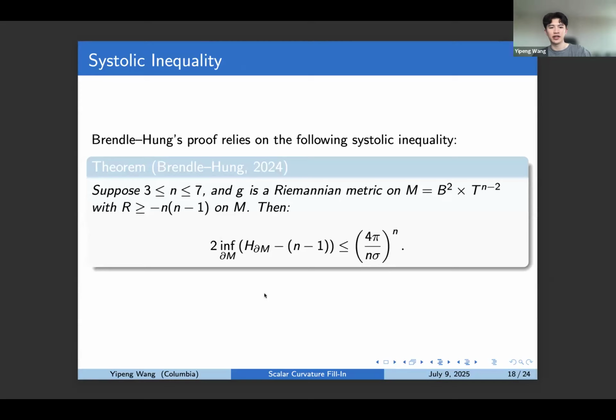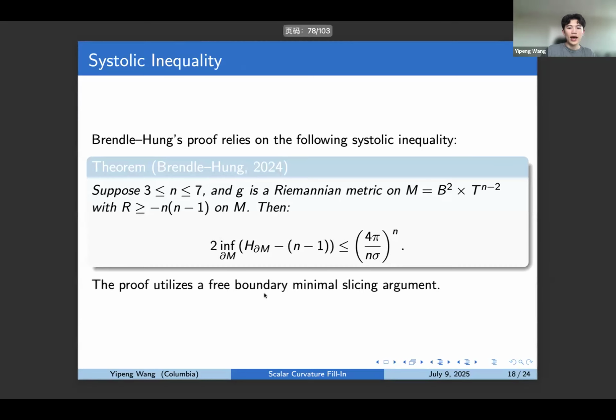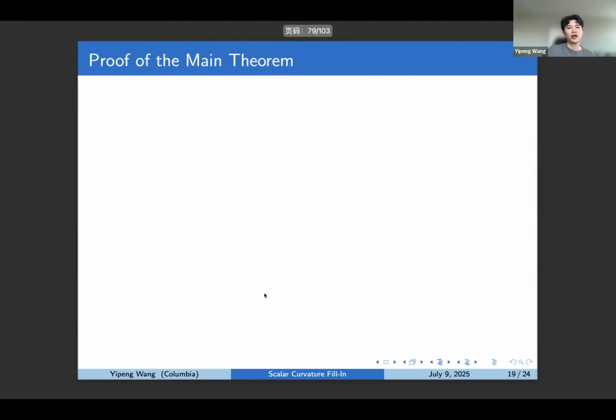That is the crucial geometric quantity that gives the positive mass theorem. The proof is very similar to Schoen-Yau's technique of minimal surface slicing, but this one relies on a free boundary minimal surface. So in particular, it also has this regularity issue, so so far it only holds in the given dimensions here.